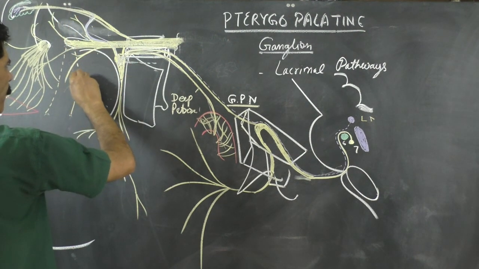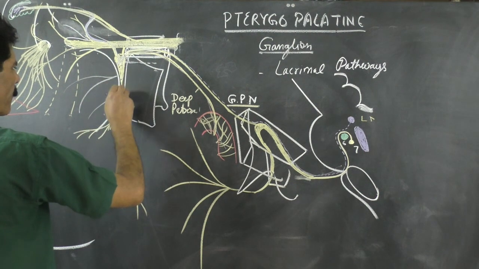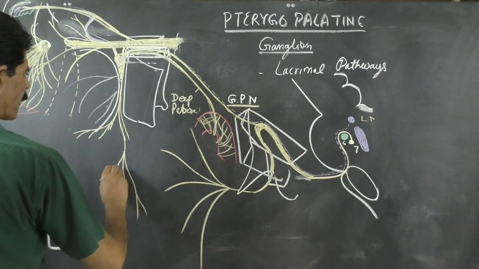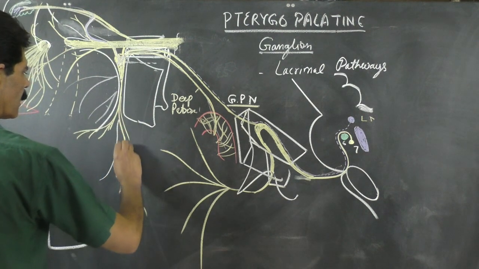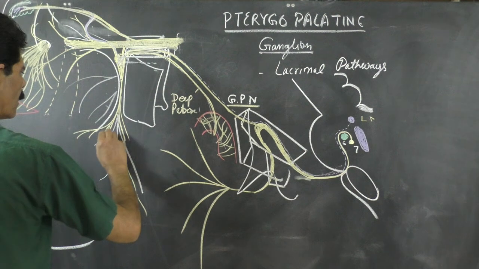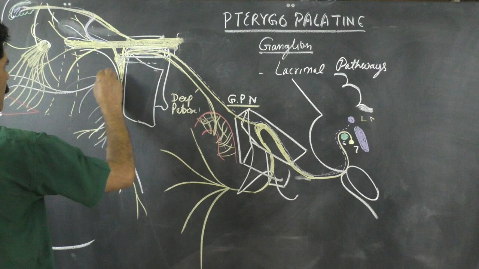It comes from the palatine area, the hard and soft palate. Then it comes from the pharyngeal mucosa as the sensory branches, and from the nasal mucosa also as the nasal branches.